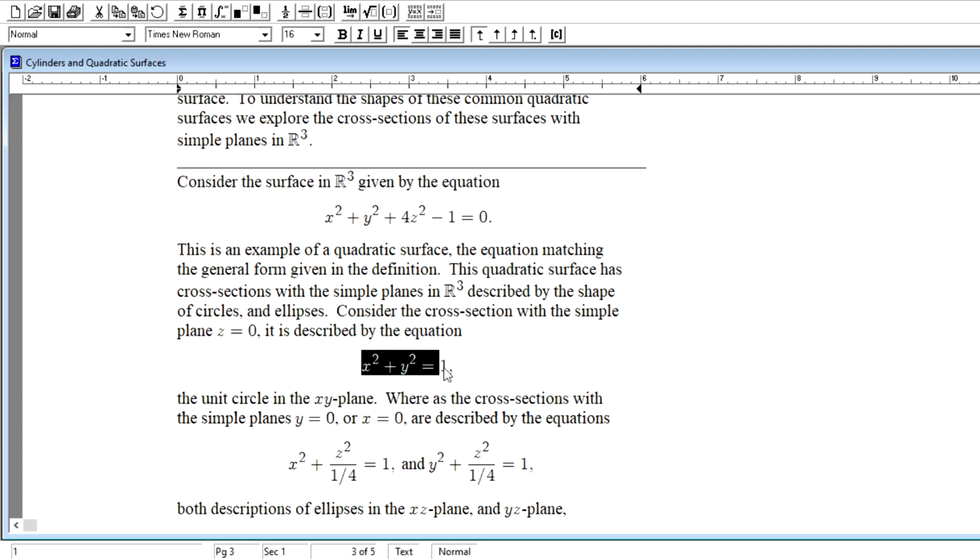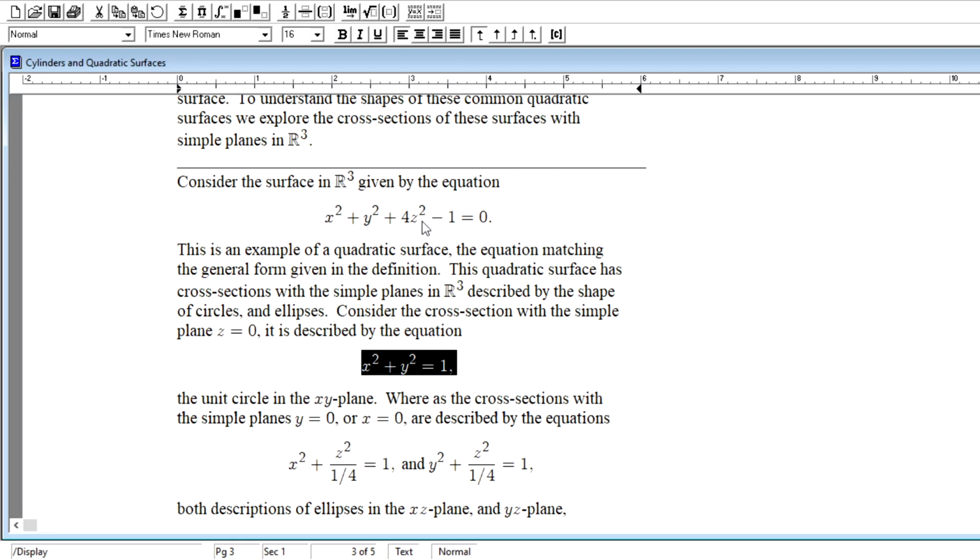And with adding 1 to both sides, I can prepare this equation, which you should be quite familiar with as a Calculus 2 student, right? x squared plus y squared equal to 1 is the description of the unit circle in the xy plane, right? If we intersect this quadratic surface with the simple plane z equal to 0, we do get a circular shape that resembles the unit circle.